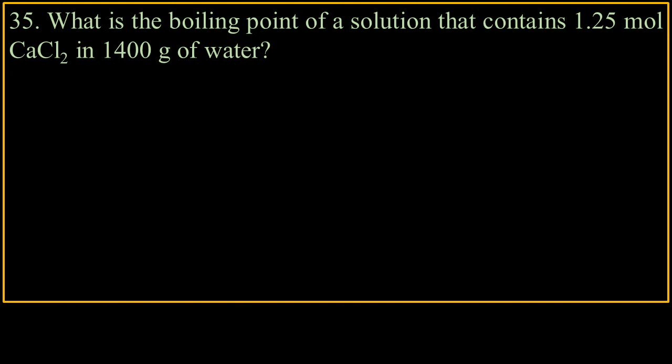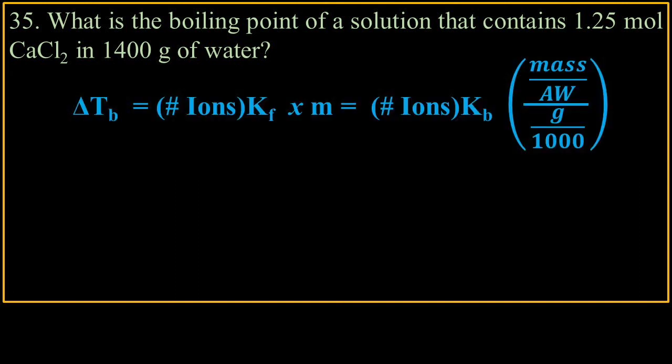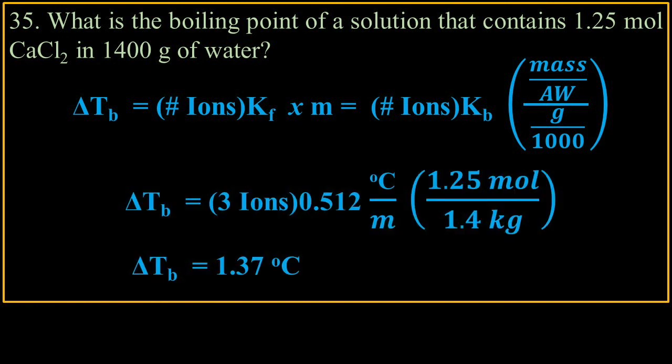What is the boiling point of a solution that contains 1.25 moles of calcium chloride in 1,400 grams of water? Well, I am modifying the equation for the boiling point elevation by multiplying Kbm by the number of ions that are going to actually dissociate. And the only difference between this and another one is that now it's going to be 1.4 kilograms instead of 1 kilogram because it's 1,400 grams.